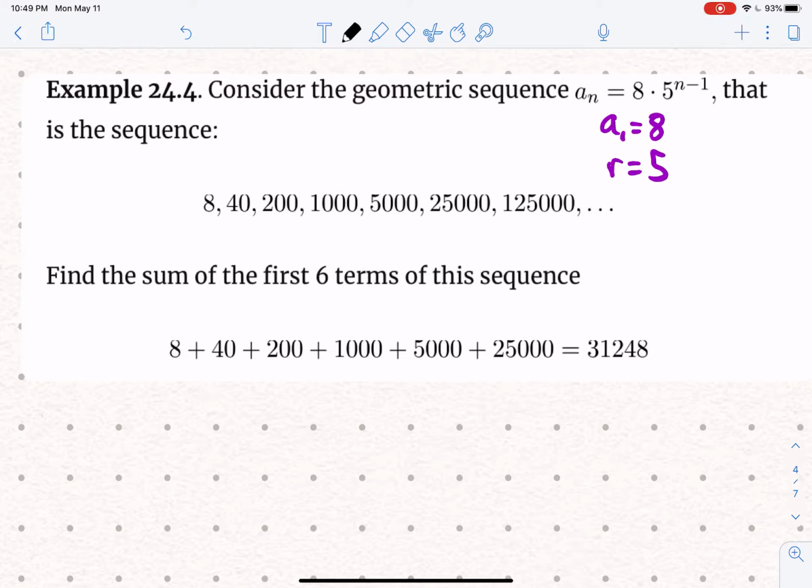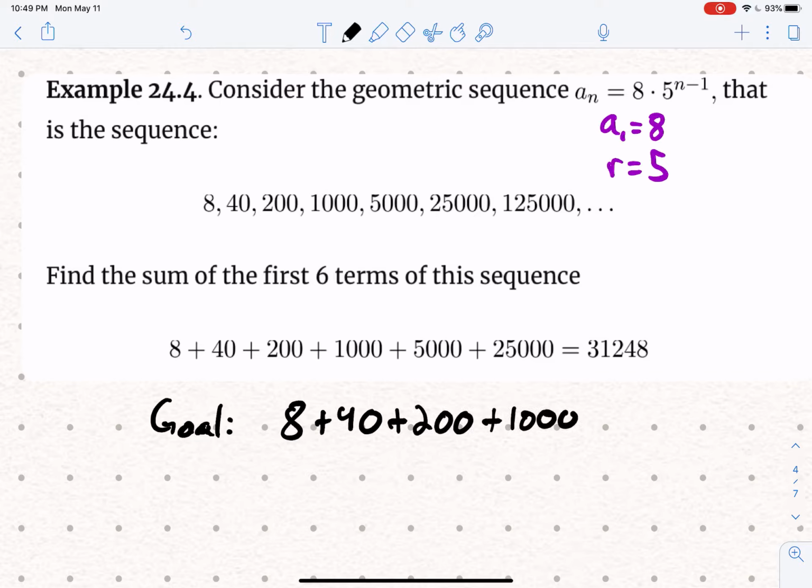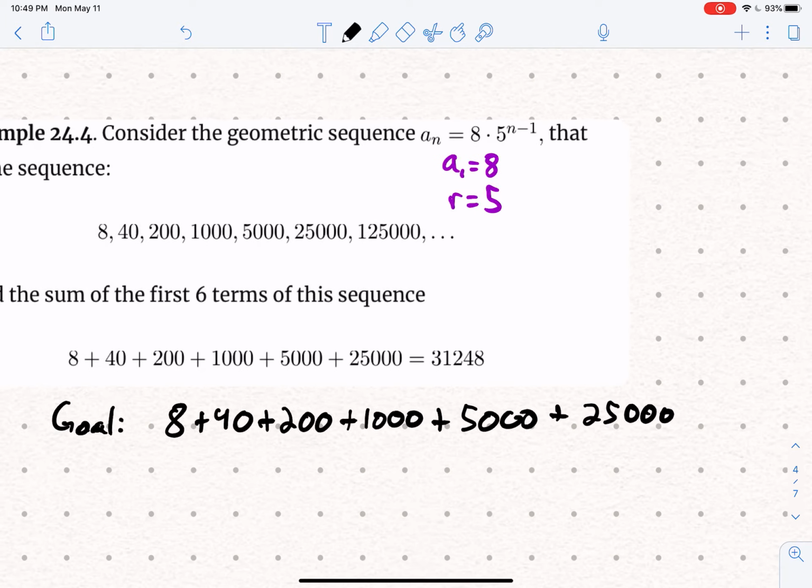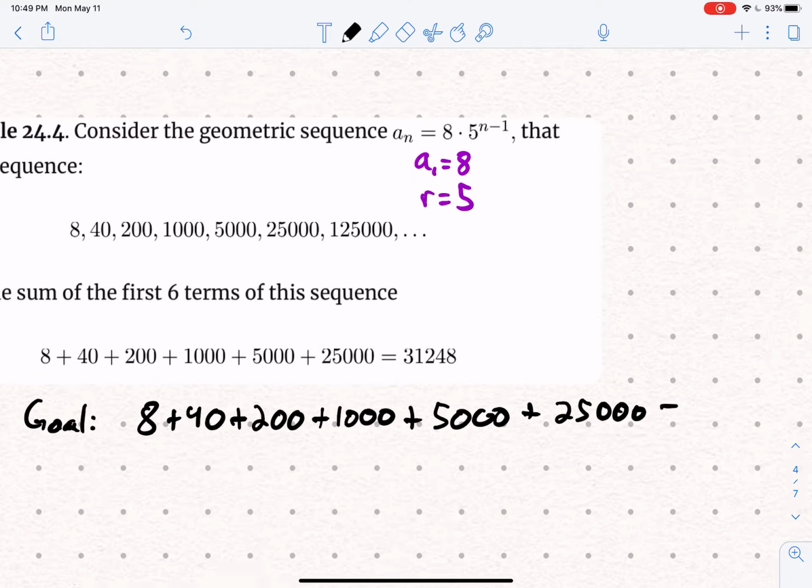Let us imagine that we do not know the answer, and our goal is to find 8 plus 40 plus 200 plus 1,000 plus 5,000 plus 25,000. Can we figure out what that equals without doing addition five times in a row? I'm going to call this answer A. Let's pretend we don't know it, and we are trying to find A.